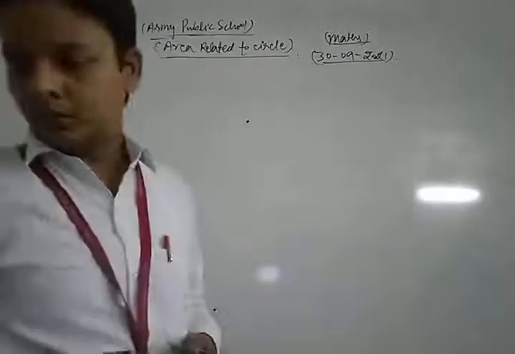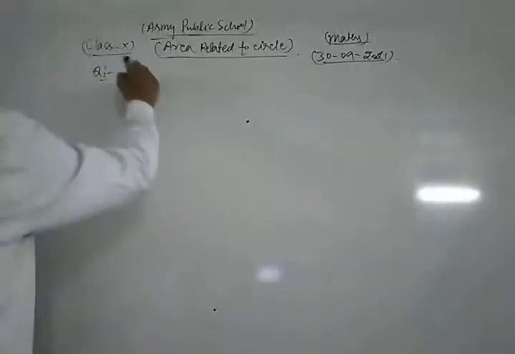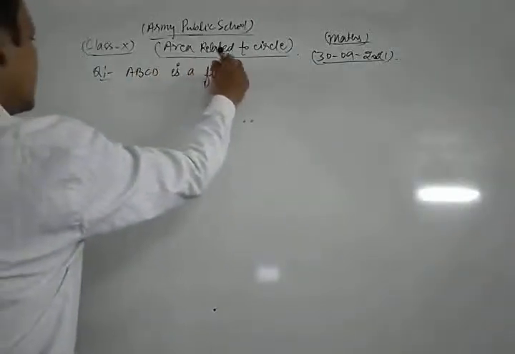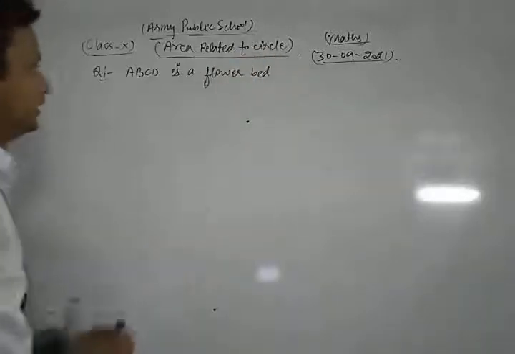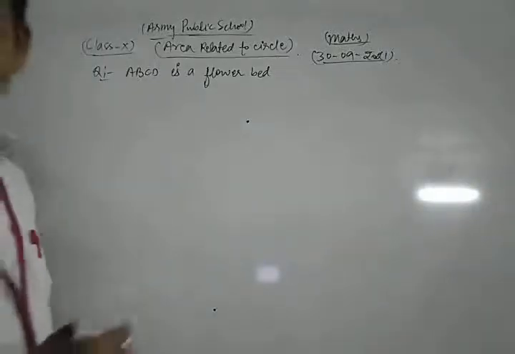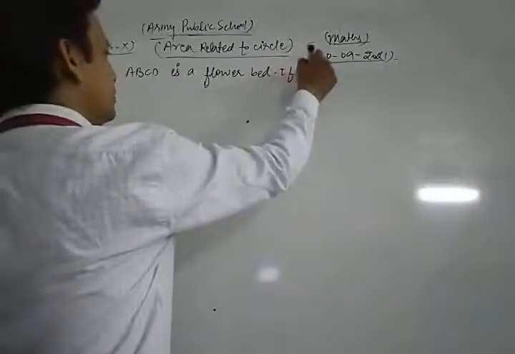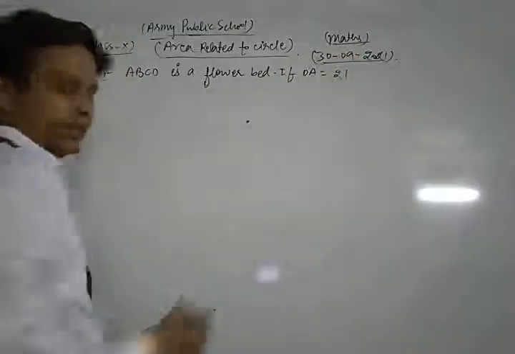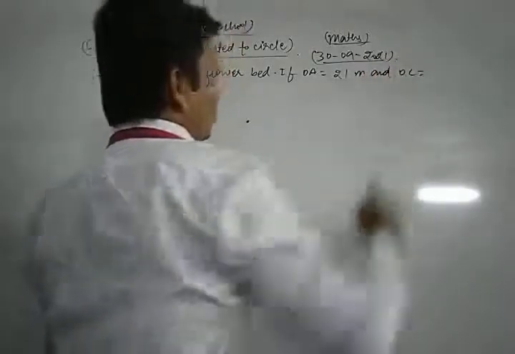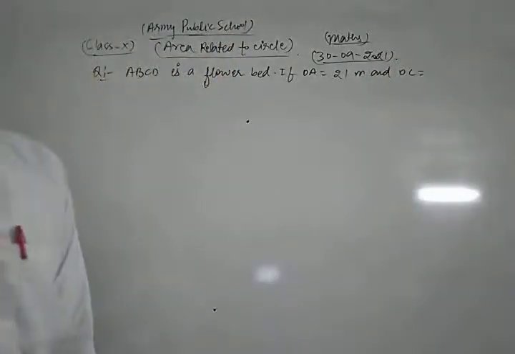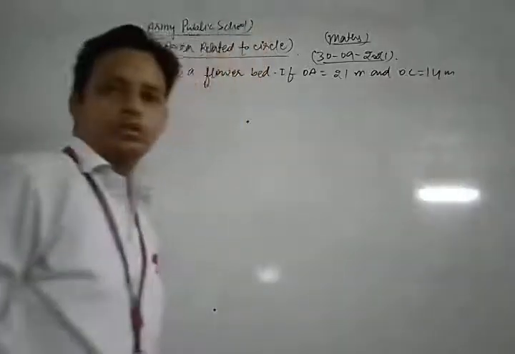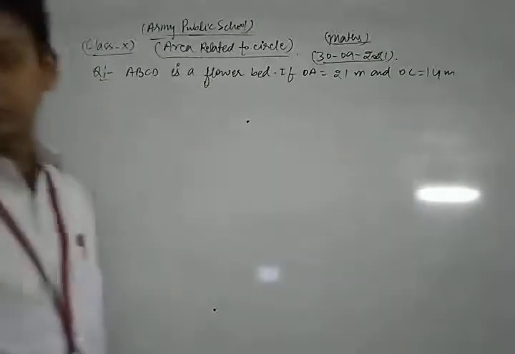The question is: ABCD is a flower bed. If OA is equal to 21 meter and OC is equal to 14 meter, find the area of the bed.